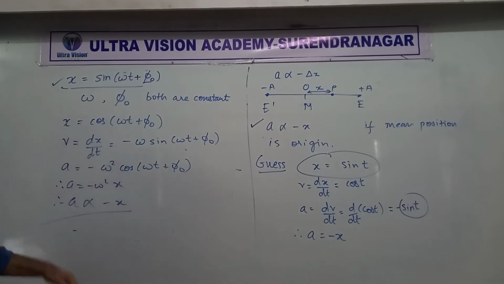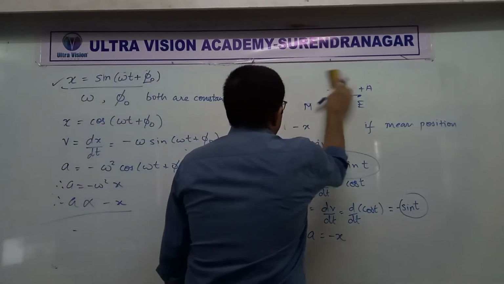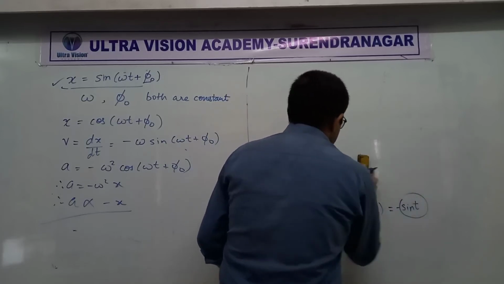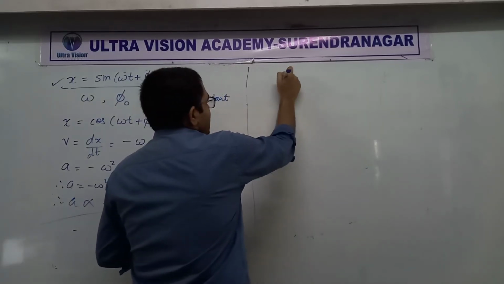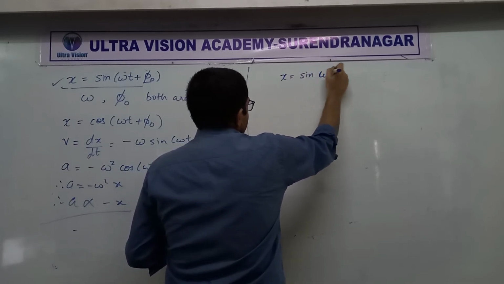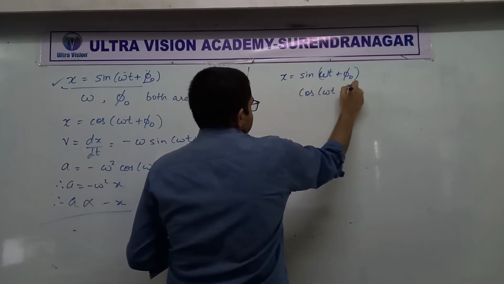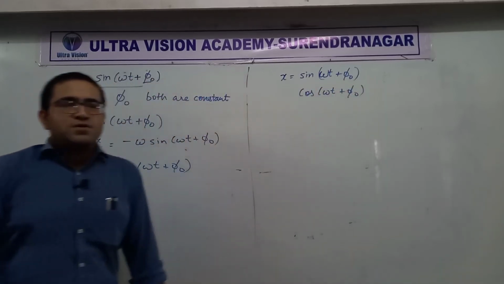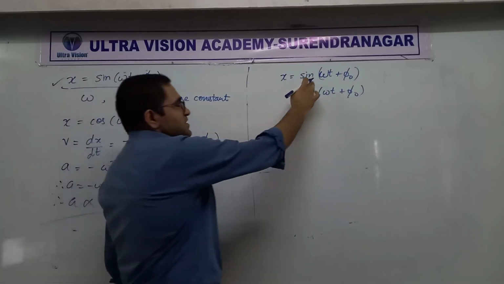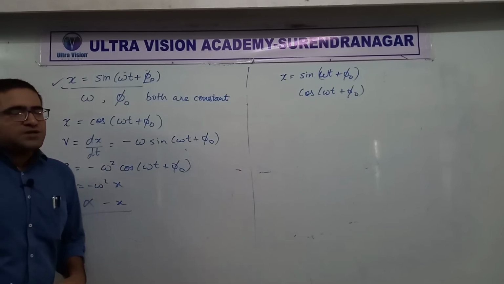So all this that we have talked about so far is telling you that any kind of equation of this type or this type gives you simple harmonic motion, right?